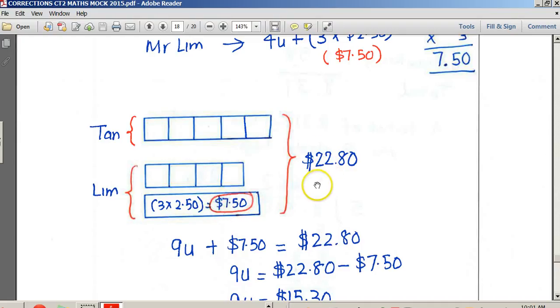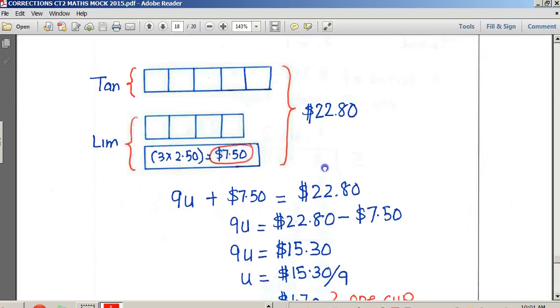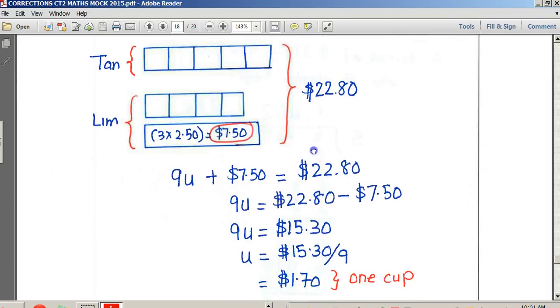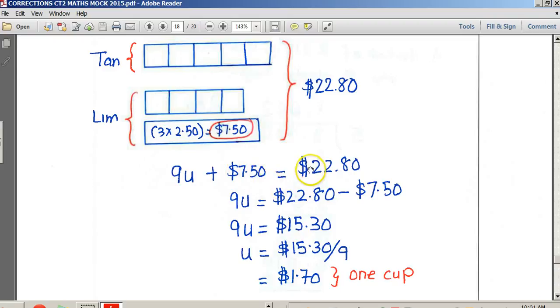This is an equation, right? Now I take away 750 from the 9U side. If I take away this part, $7.50, I must also take away 750 cents here.